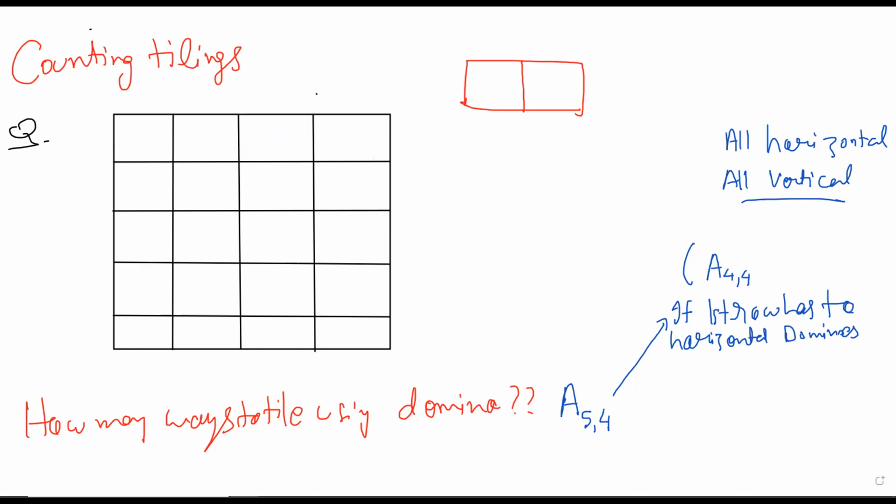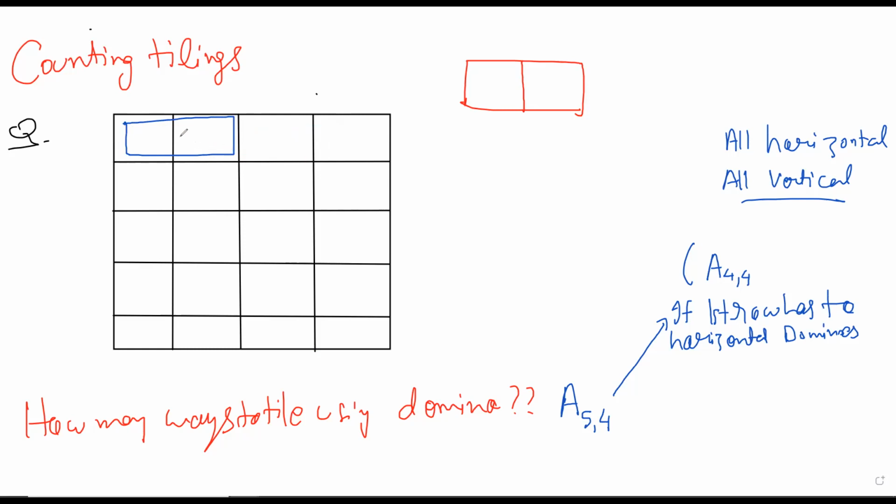Well, the other case can be if the first row is like this, right? So if the first corner is a domino, and then we have a vertical domino and another vertical domino. What I'm trying to tell you is that there are 2 ways.